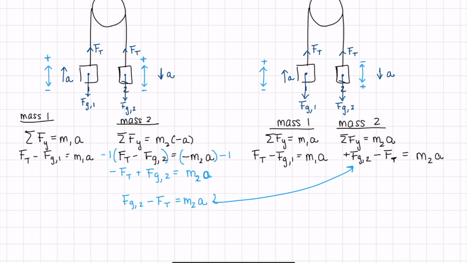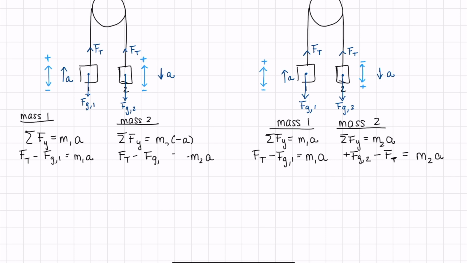So the only difference is that one of them has a negative sign multiplying both sides and one of them doesn't, but they are the same exact equation. So it's really just a matter of which sign convention you like more. Otherwise, all the other steps are exactly the same.